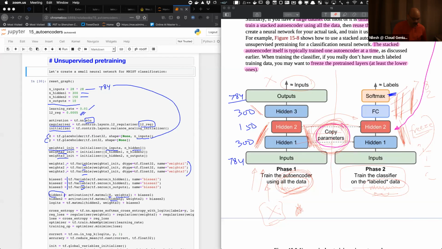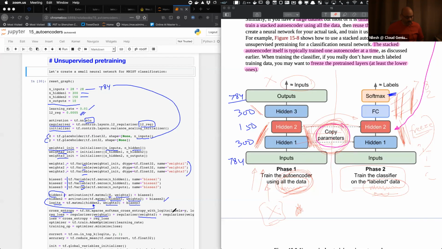Then using hidden 1 here and multiplying with weights 2, matrix multiplication and biases, and then using that input, hidden 2, multiplying with weights 3, biases 3 added to get the logits. The logits are the output function. We'll calculate the cross entropy function, the regular loss, which is just your weights, the regularizer.